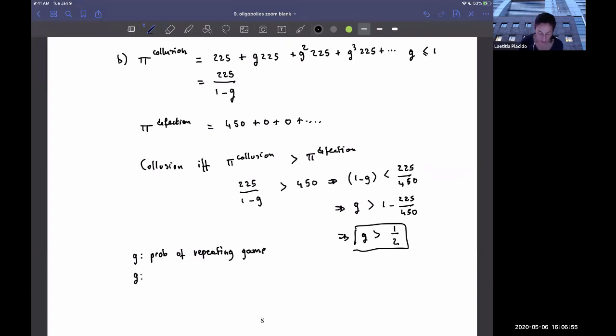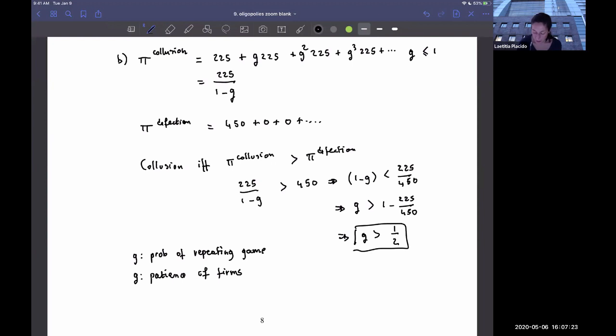Another interpretation of G is the patience of firms. So if firms are patient enough, it means that they value the payoffs that they're going to get in the future. And because they value this payoff, it gives them an incentive to participate in the collusive outcome in the present.